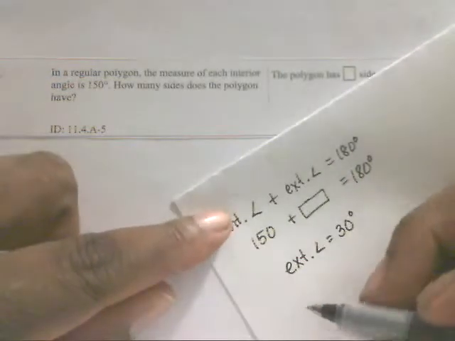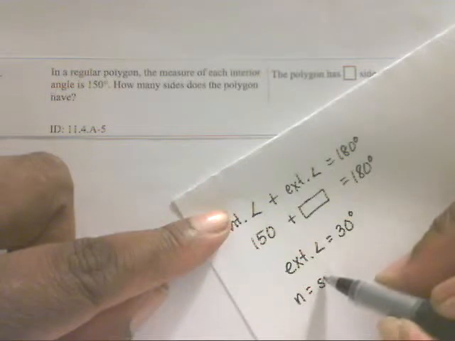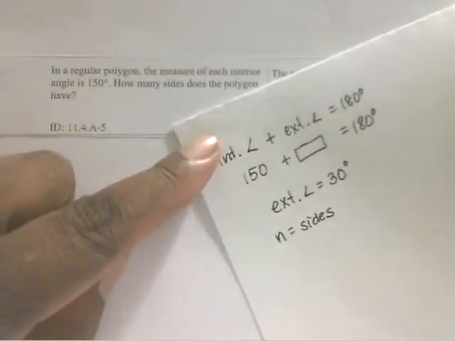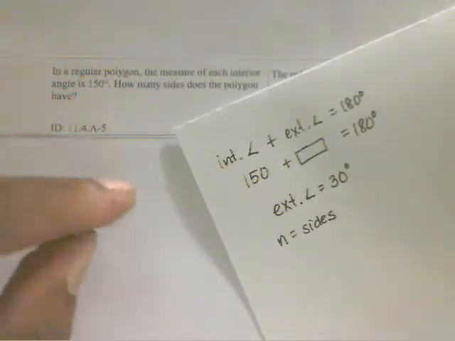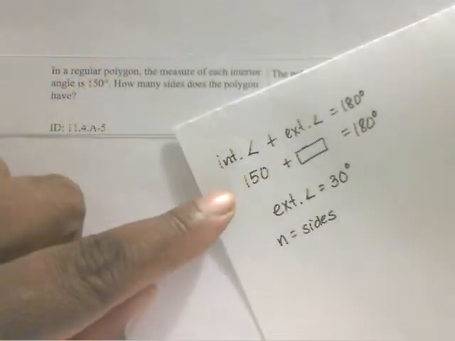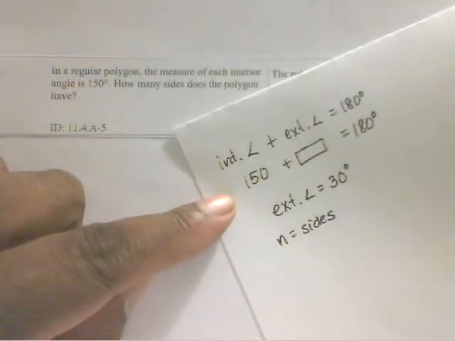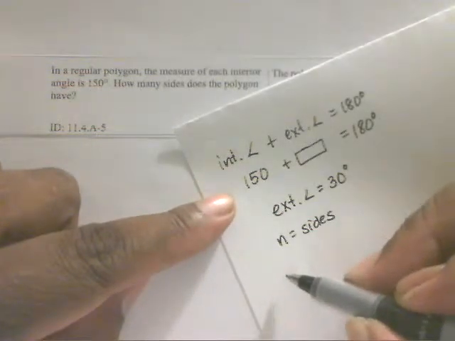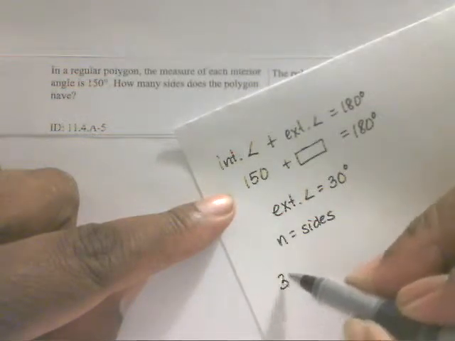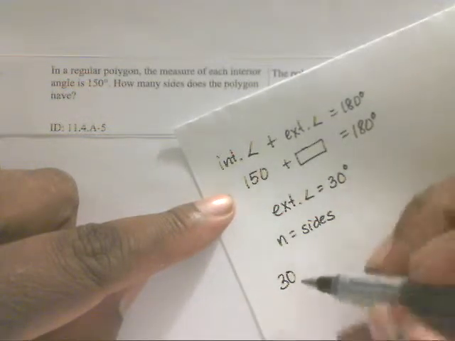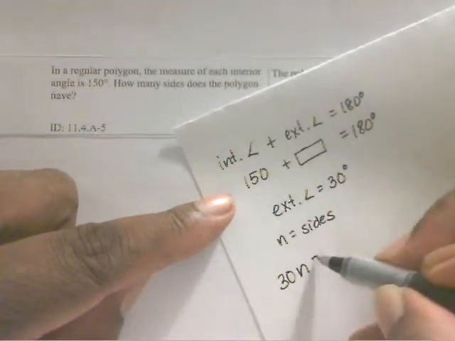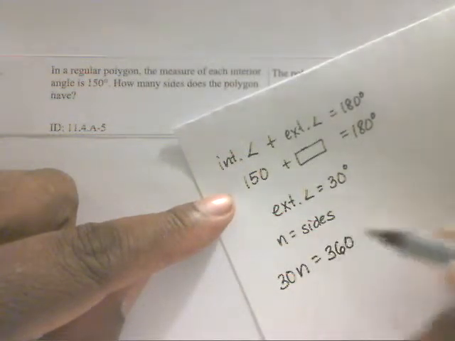And we're going to let n be the number of sides. And there is a theorem that says that the sum of all the exterior angles in a regular polygon, or in any polygon, is 360 degrees. So here, you have 30 for an exterior angle, and then you're trying to find out the number of sides, so it's 30 times n equals 360.